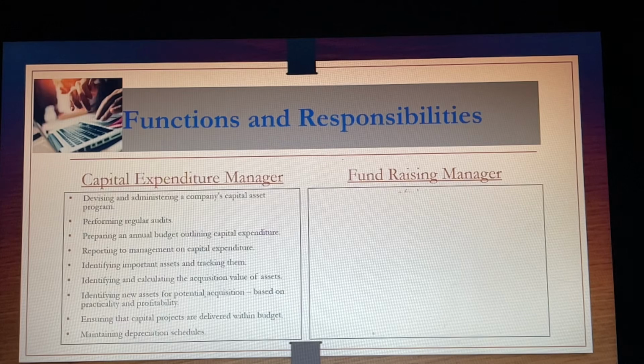The first one is devising and administering a company's asset program, performing regular audits, preparing an annual budget outlining capital expenditure, reporting to management on capital expenditure, identifying important assets and tracking them, identifying and calculating the acquisition value of assets, identifying new assets for potential acquisition based on practicability and profitability, ensuring the capital projects are delivered within budget, and maintaining depreciation schedules.